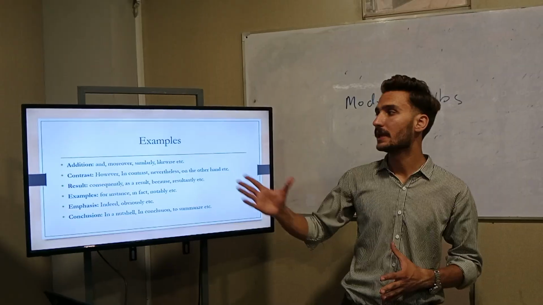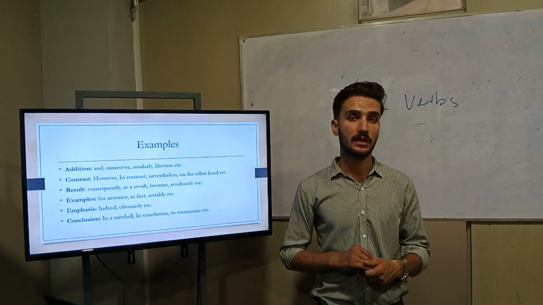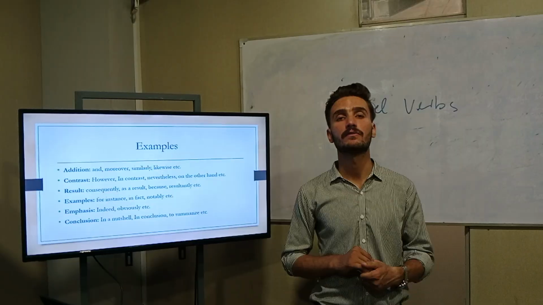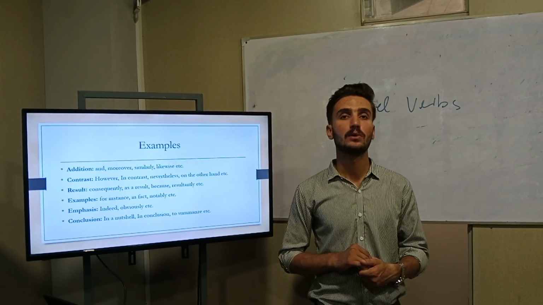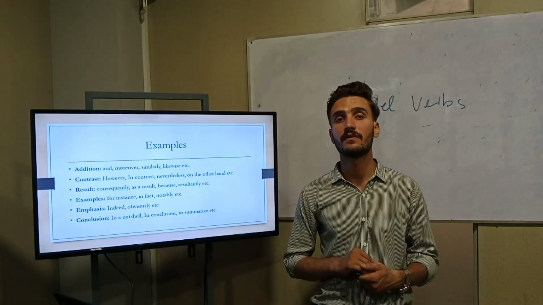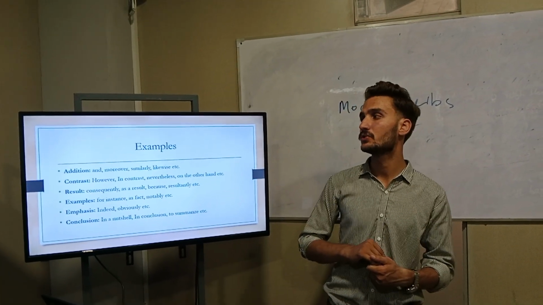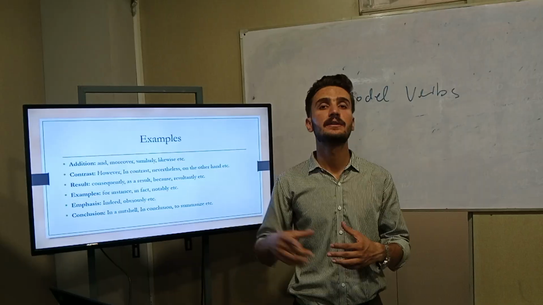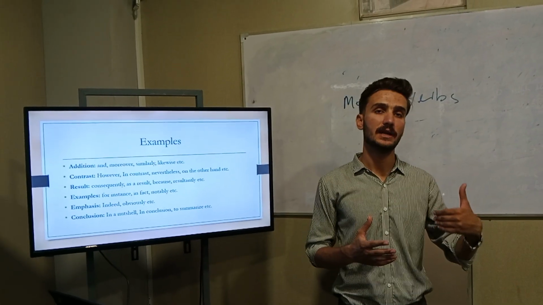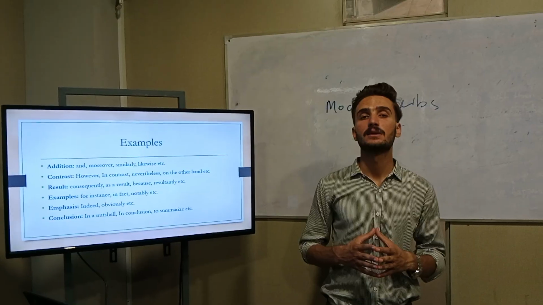These are some of the examples of transitional devices which can be traced in any piece of writing. Before going into examples, I'd like to tell you about the different functions of transitional devices. Transitional devices can be used to add a new thought to a previous thought in the form of exemplifying.